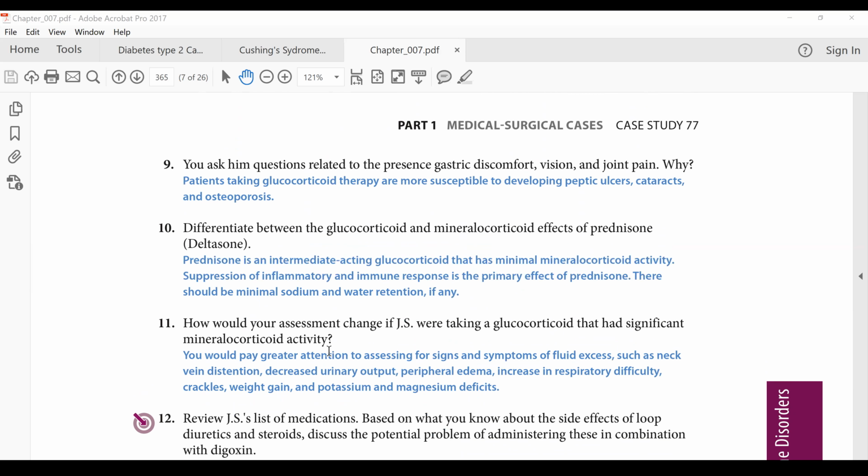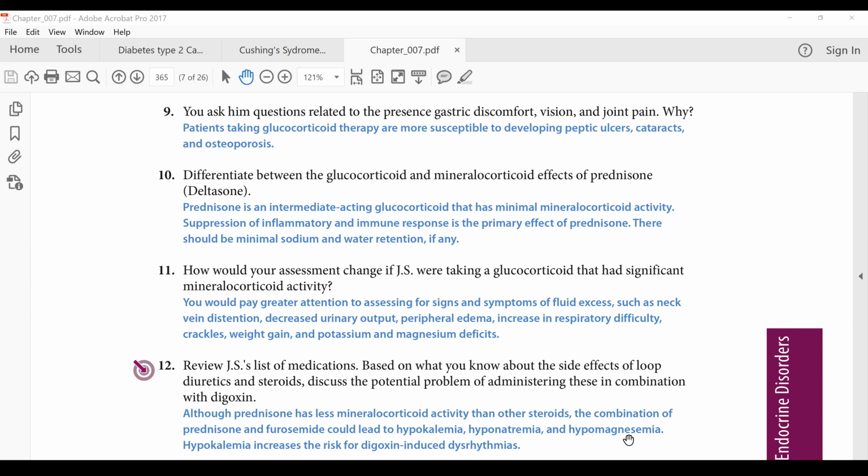So I'm going to slide on down to it. Although prednisone has less mineralocorticoid activity than other steroids, the combination of prednisone and Lasix could lead to hypokalemia, hyponatremia, and hypomagnesemia, because now we have less of the mineralocorticoid activity.